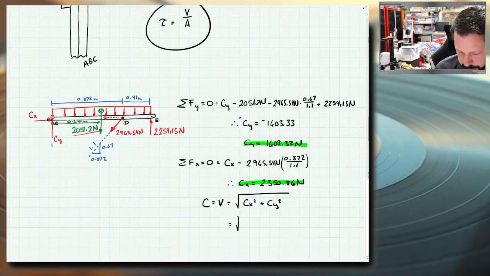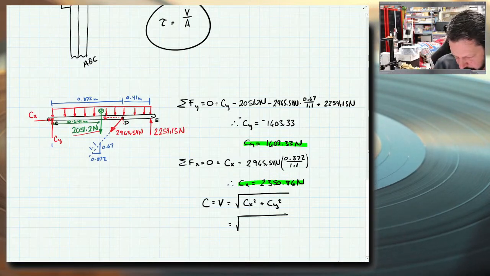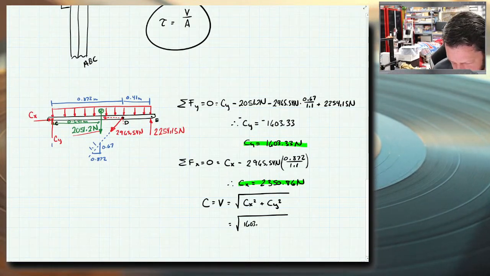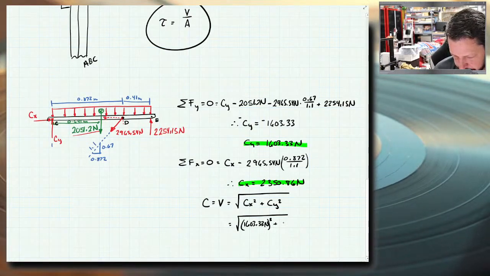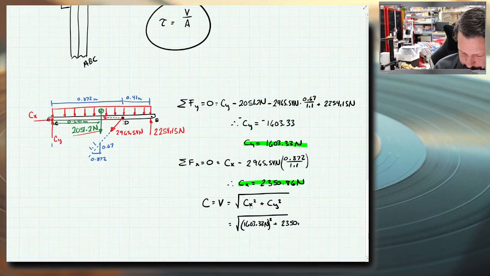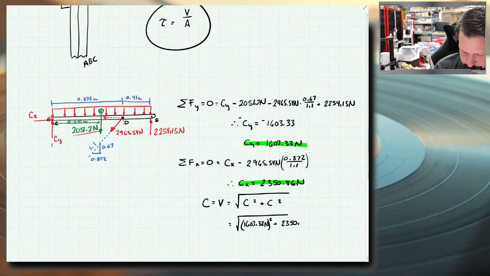So that's the square root of 1603.33 newtons squared plus 2350. It looks like I wrote CX and CY, but then I wrote them in the other order. So let's clean that up a little bit.